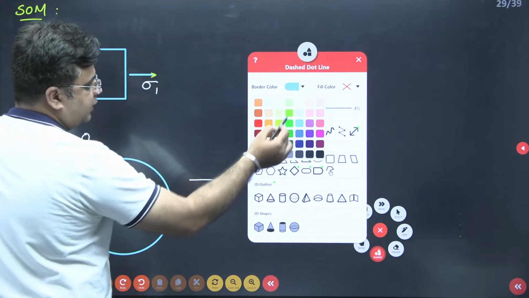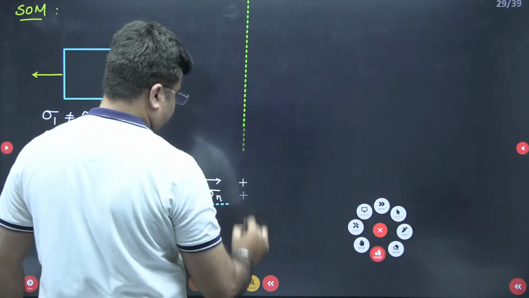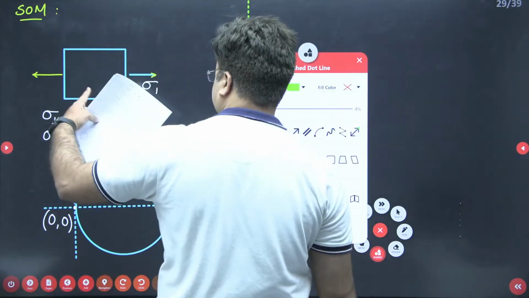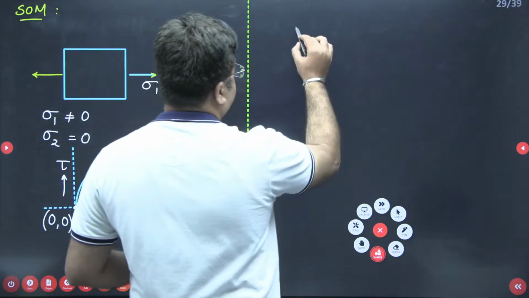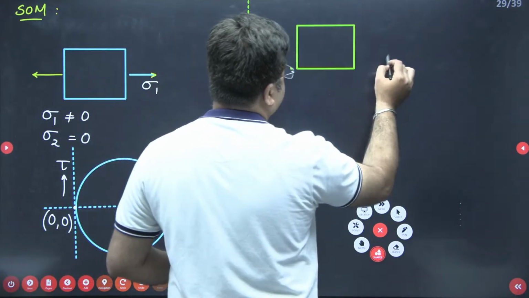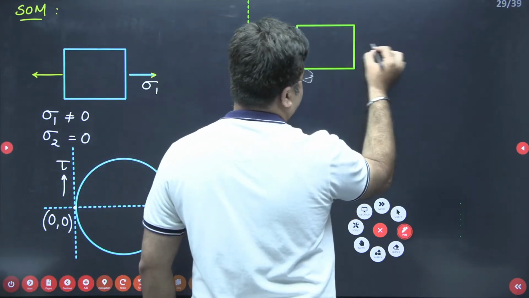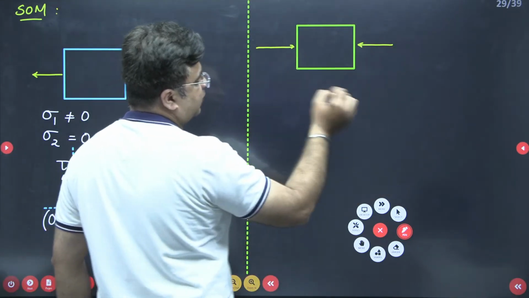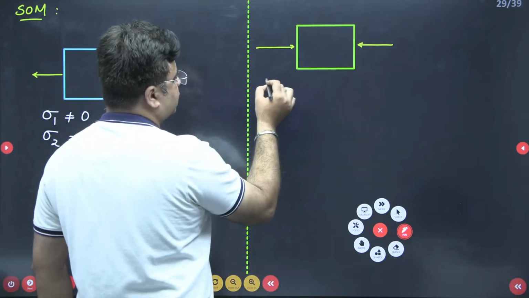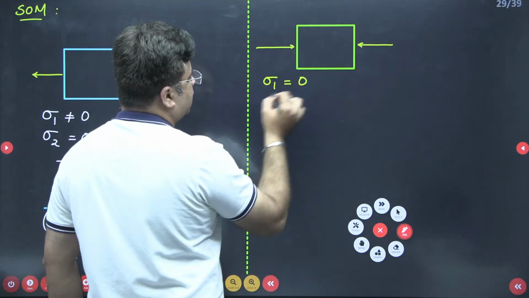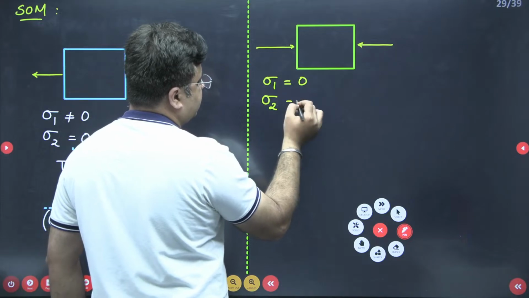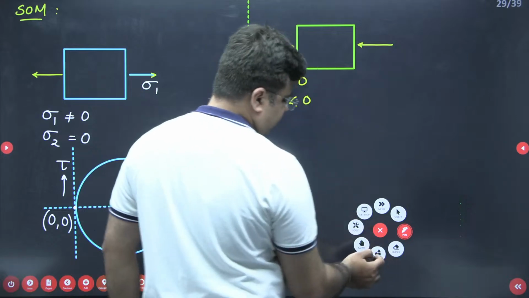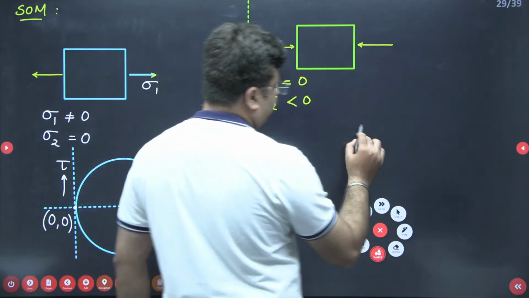Now for second state of stress, again you can draw the Mohr circle. The second state of stress is given to you like this, and in this state of stress, the stresses that are acting are compressive. So this is how the stress is acting. So this is compressive. So you can clearly see your sigma 1 is 0 and sigma 2 is negative. So for this state of stress, if you draw the Mohr circle, it will be like this.